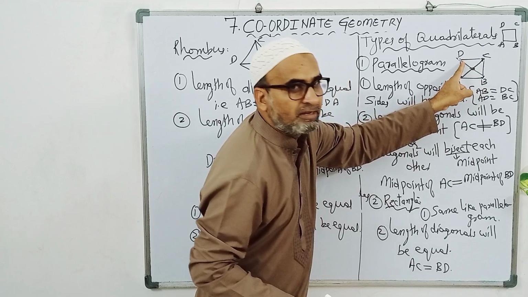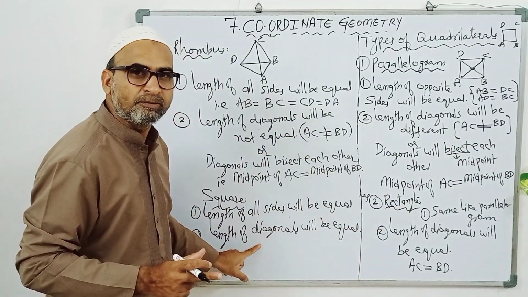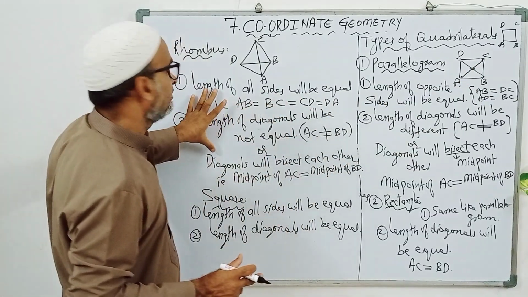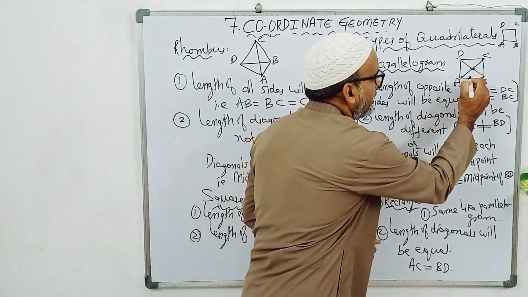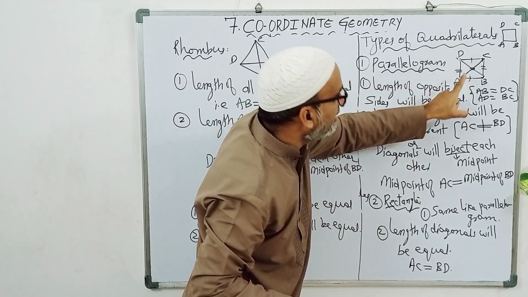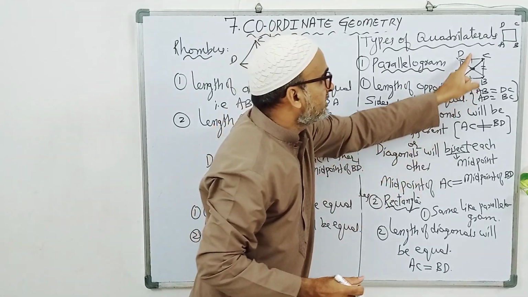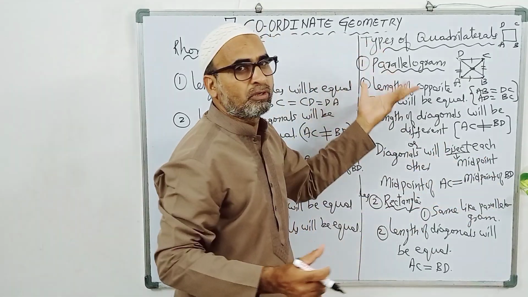If sides are equal and diagonals are equal, square. All sides equal, diagonals not equal, rhombus. Opposite sides equal, diagonals equal, rectangle. Opposite sides equal, diagonals not equal, then that is a parallelogram. That much.